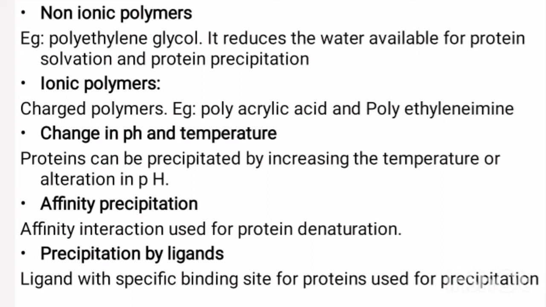The increase in temperature and change in pH also causes protein precipitation. Also, affinity interaction is used for protein precipitation. Then ligand with a specific binding site for proteins can also be used for the precipitation.